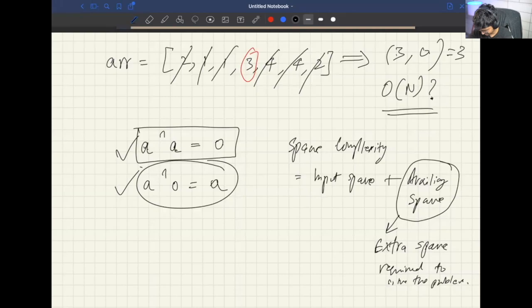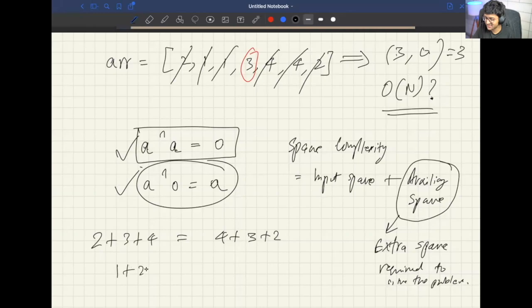Make sense? So the question is, why does looping through in the original order of the array give the right answer, even though you're not XORing two numbers next to each other? Oh, because it follows a similar thing. Why is 2 plus 3 plus 4 equal to 4 plus 3 plus 2?